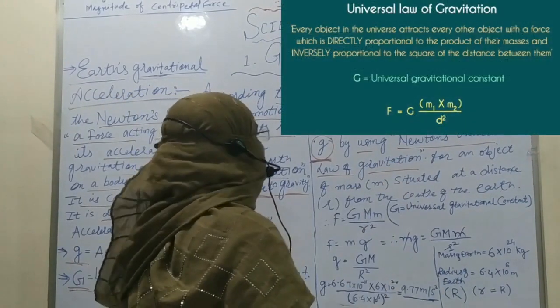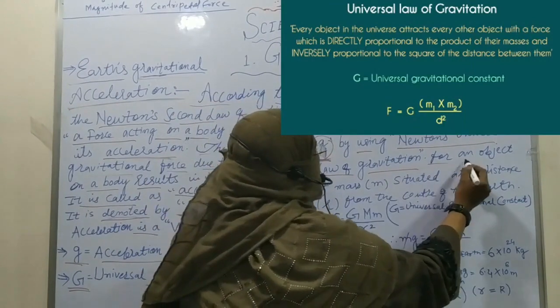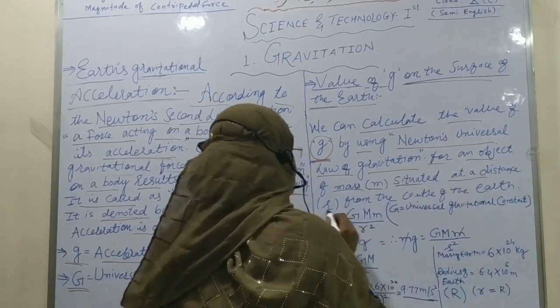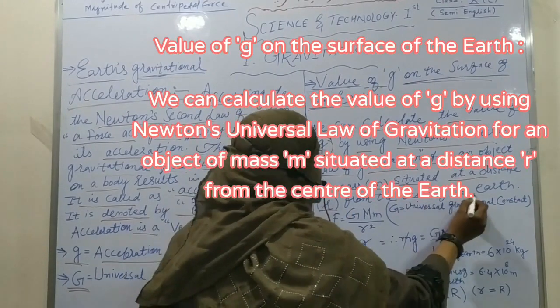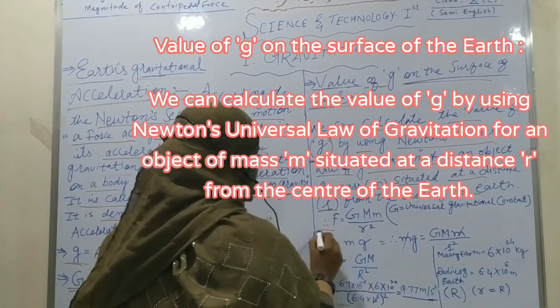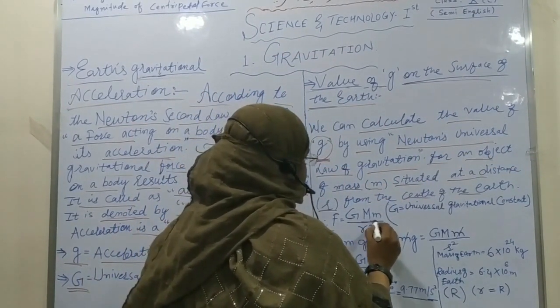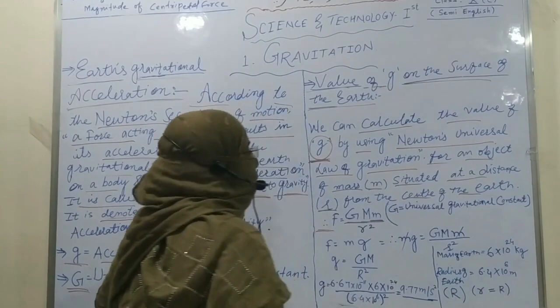For an object of mass m situated at a distance r from the center of the earth, the force will be F is equal to capital G, capital M, small m divided by r square.